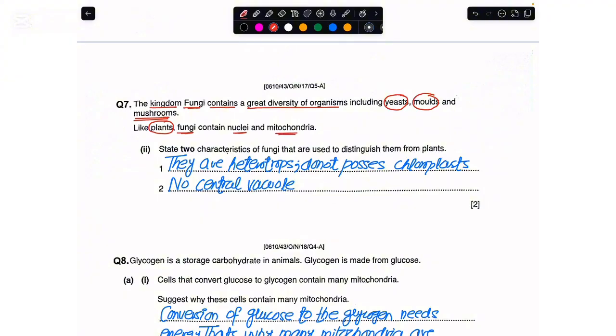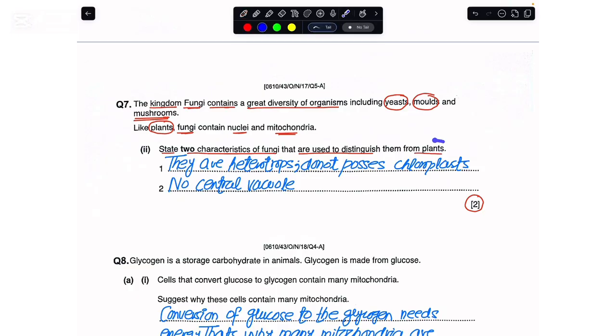So we know that the plants have the nucleus and the mitochondria, and the fungus would be containing these structures as well. Now for the 2 marks, the examiner is saying that you are required to state two characteristics of the fungi that are used to distinguish them from the plants.